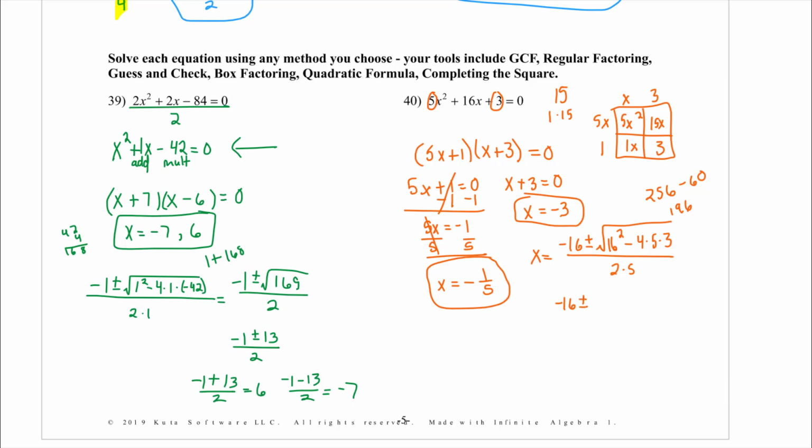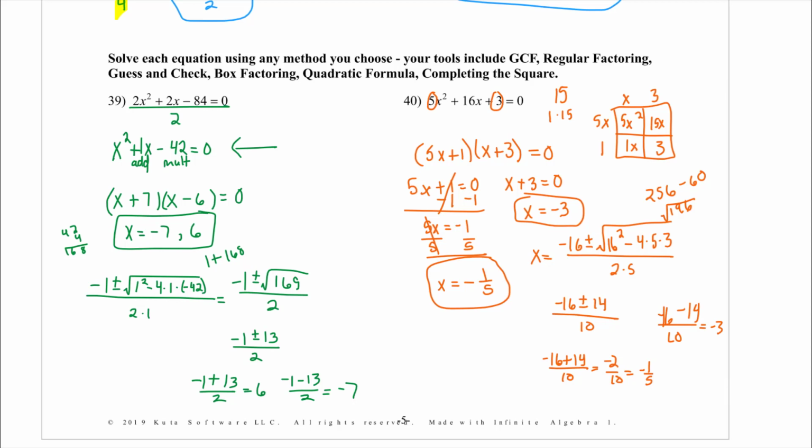The square root of 196 is 14. So we'd have negative 16 plus 14 over 10 and negative 16 minus 14 over 10. So negative 16 plus 14 is negative 2 over 10, which gives us the negative 1/5. And negative 16 minus 14 over 10, that's negative 30 over 10, which gives us the negative 3.